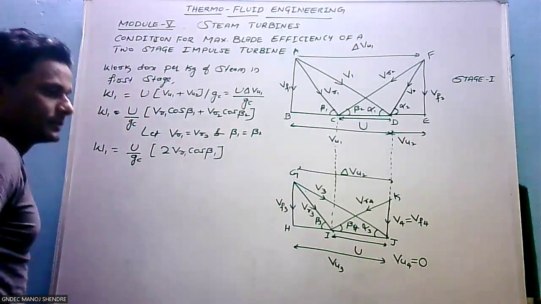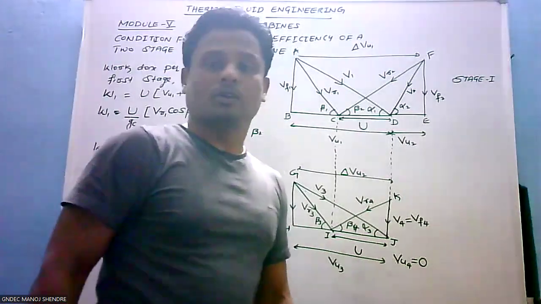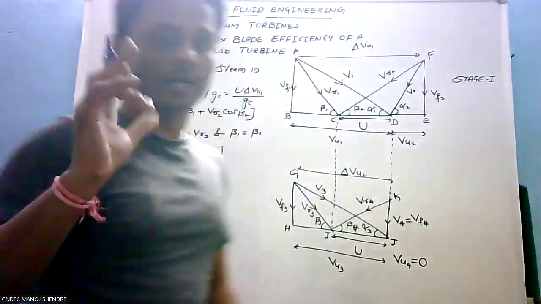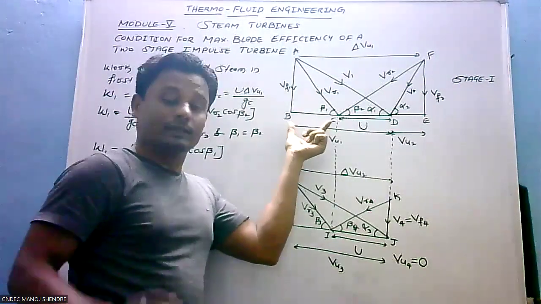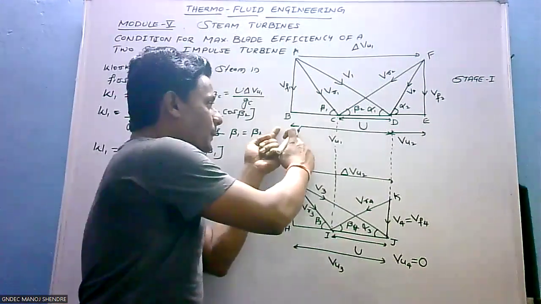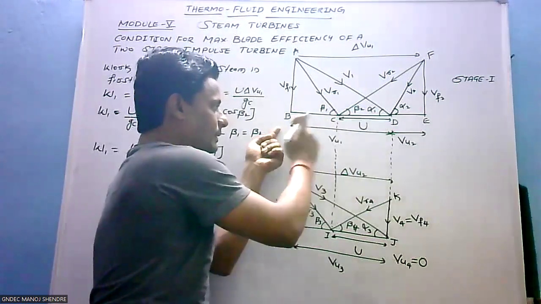Right? Now VR1 cos beta 1 can also be written as, look at the board carefully, VR1 cos beta 1 is BC. This BC can also be written as BD minus CD.